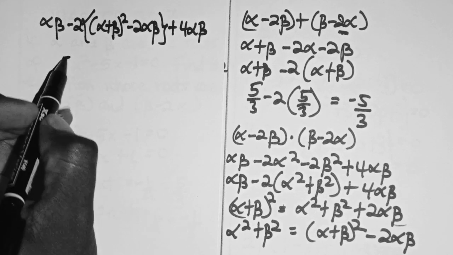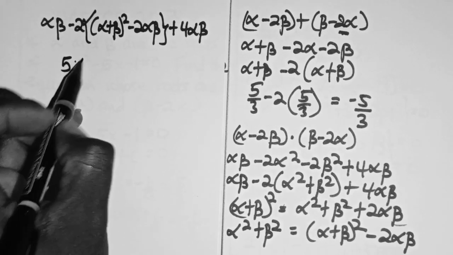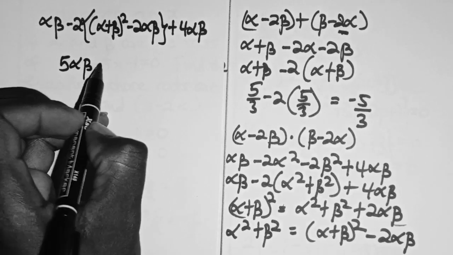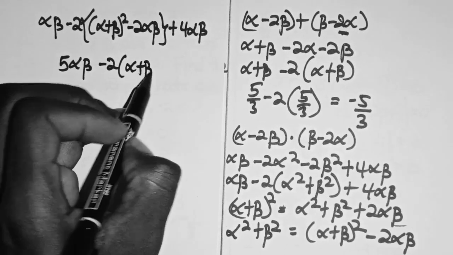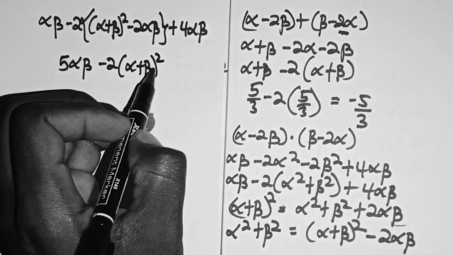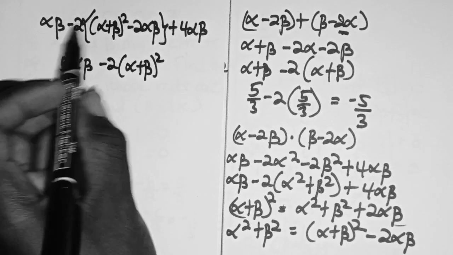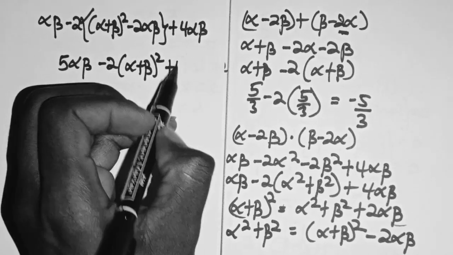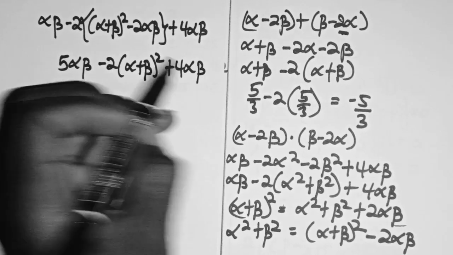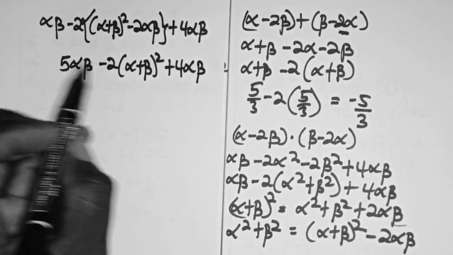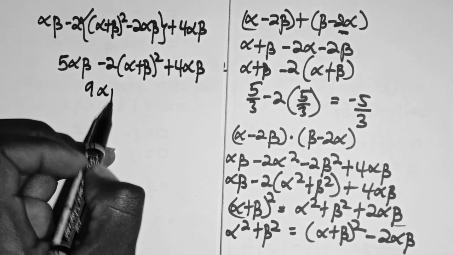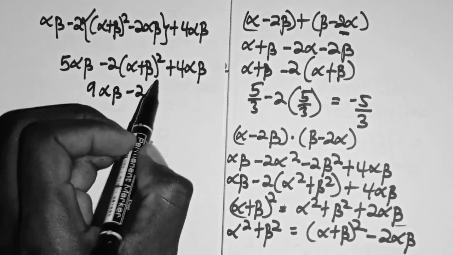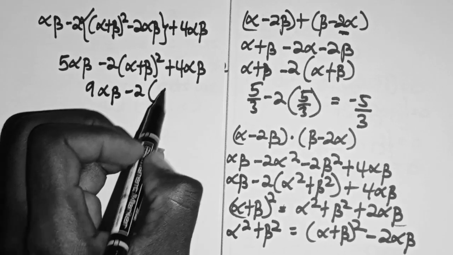So this becomes 5 alpha beta, then minus 2 times alpha plus beta squared, and then minus 2 times minus 2 becomes plus 4 alpha beta. So now 5 alpha beta plus 4 alpha beta becomes 9 alpha beta minus 2 times alpha plus beta squared.